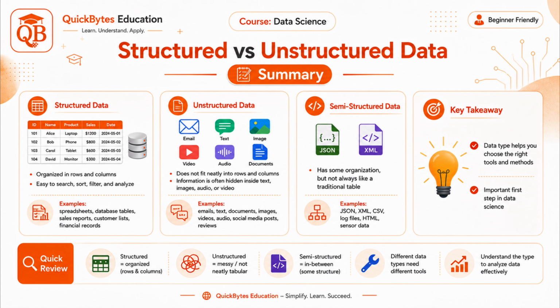Structured data is easier to search, sort, filter, and analyze. Unstructured data can be harder to analyze because the useful information is often hidden inside text, images, audio, or video. Semi-structured data has some organization, but it does not always look like a traditional table. And in data science, understanding the type of data helps you choose the right tools and methods.